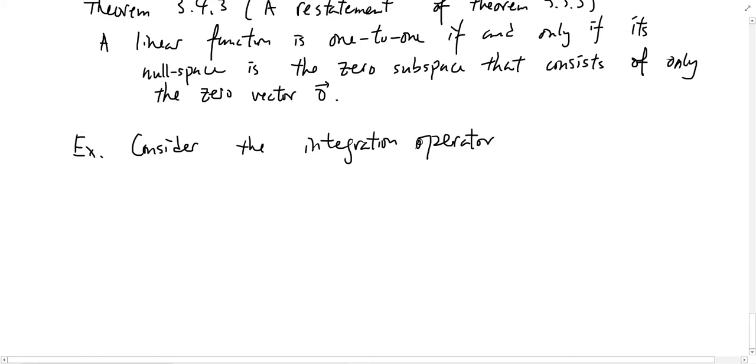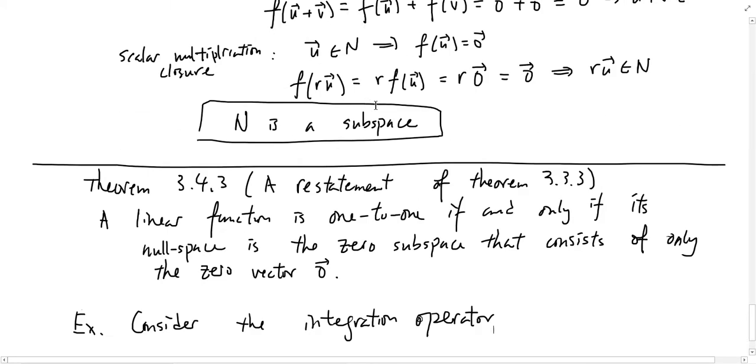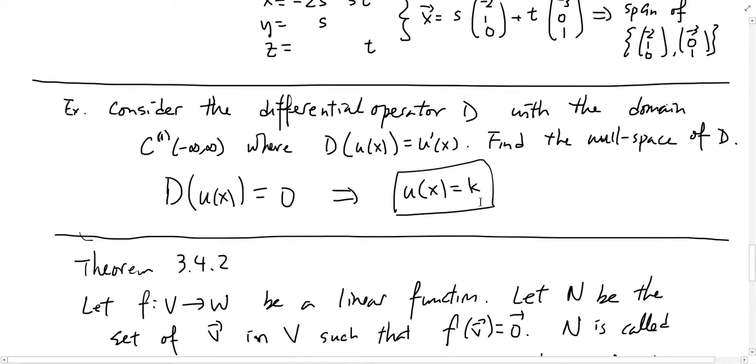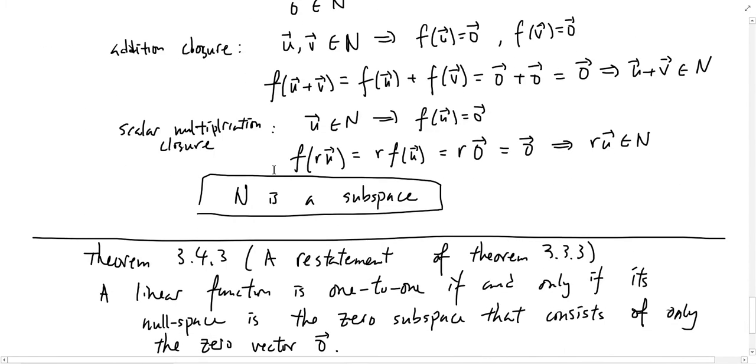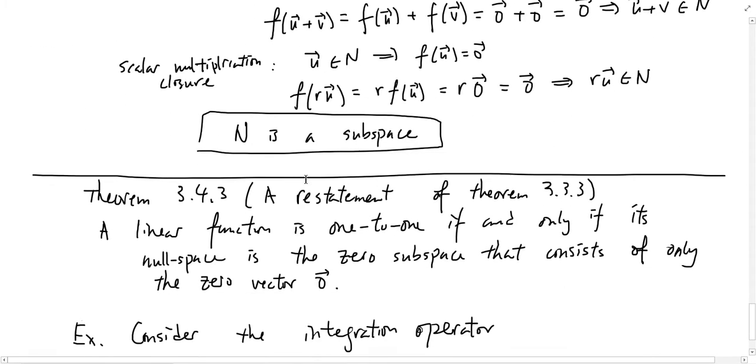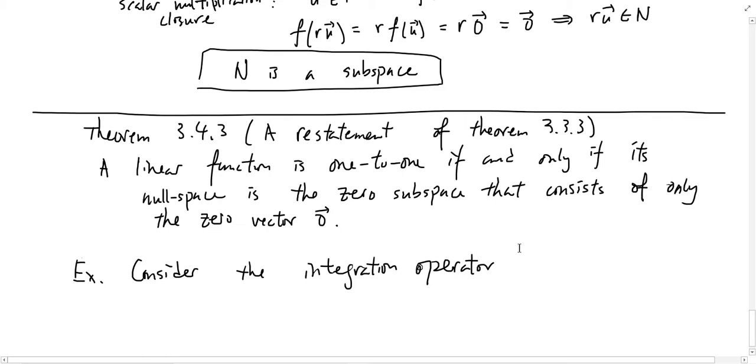The reason is that the differential operator is not 1 to 1. We already established that the null space of the differential operator is any constant function. So the differential operator is not 1 to 1, and you cannot think of the integration operator as its inverse, even though it's almost like the inverse.